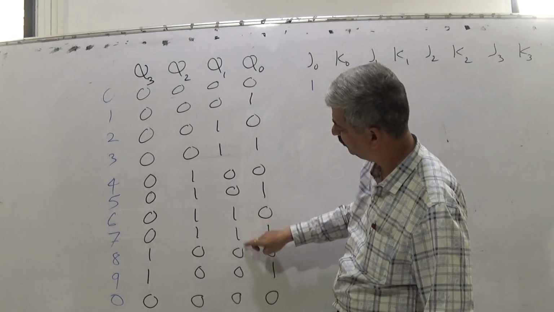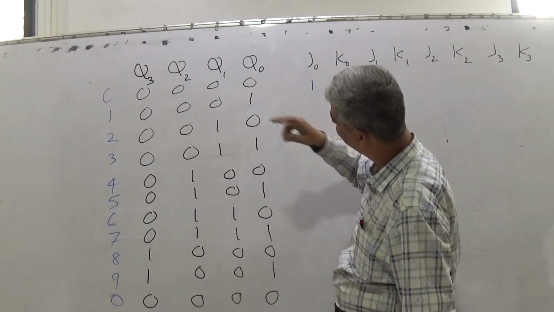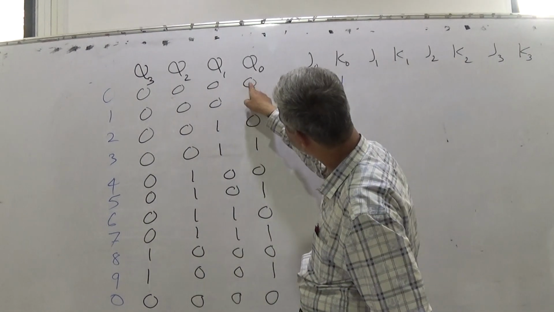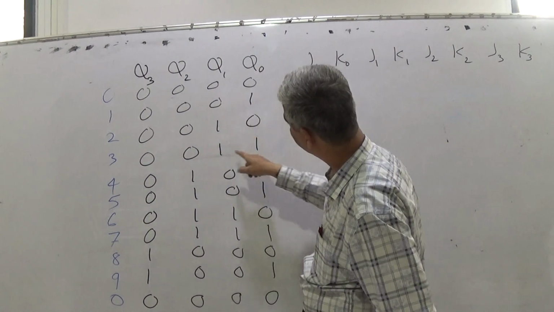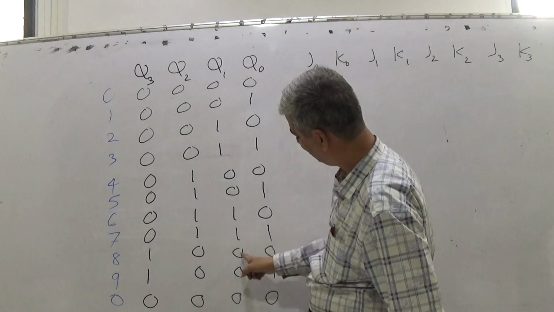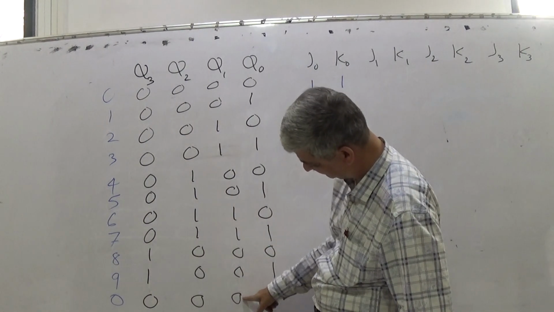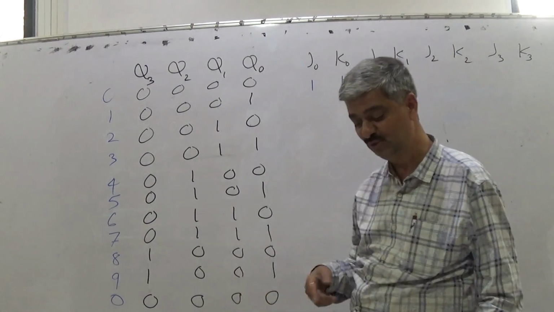So you can say yes, same when this is 0, toggle when this is 1, toggle, toggle, but here when this is 1, it is remaining the same. So you have to rethink.